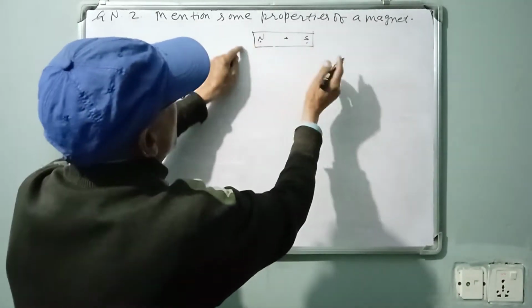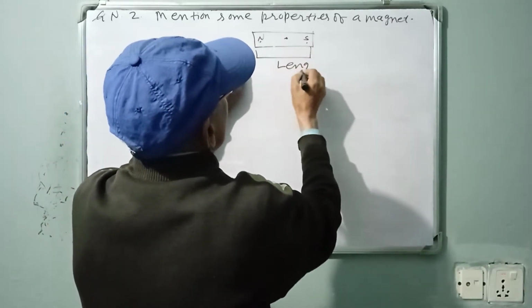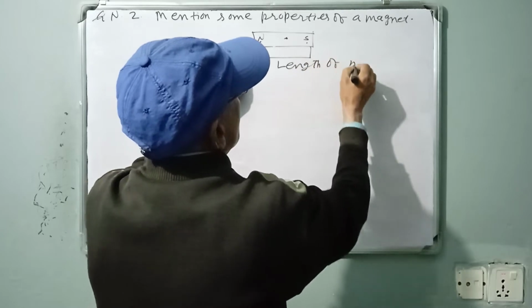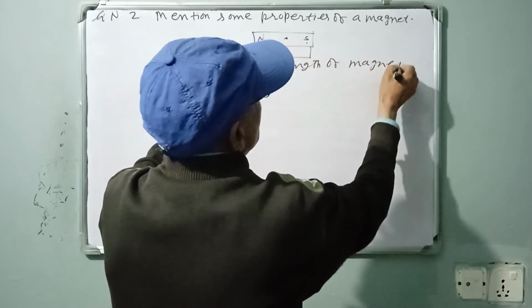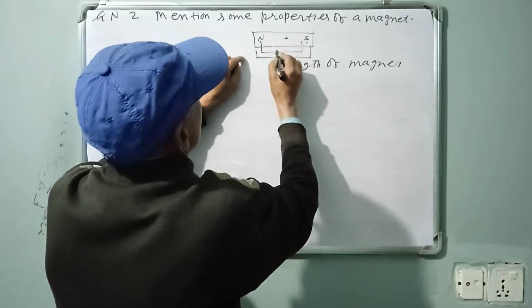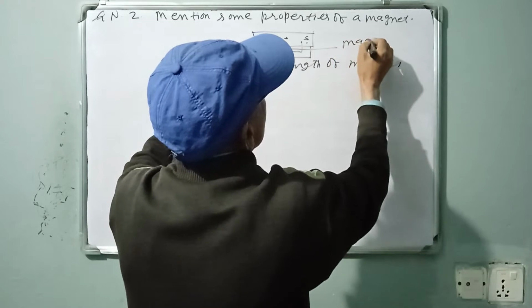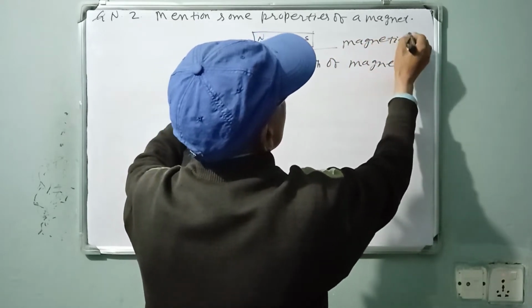Not exactly. This whole is the length of a magnet. Length of a magnet is from this side to this side. But this one is the magnetic length.